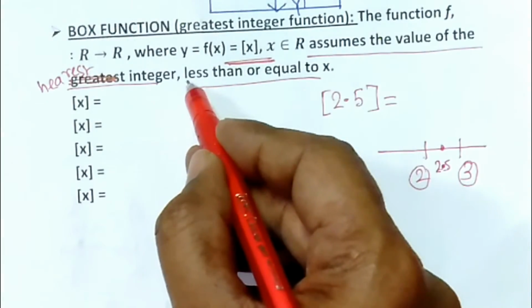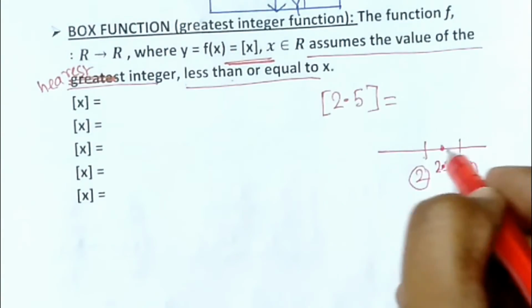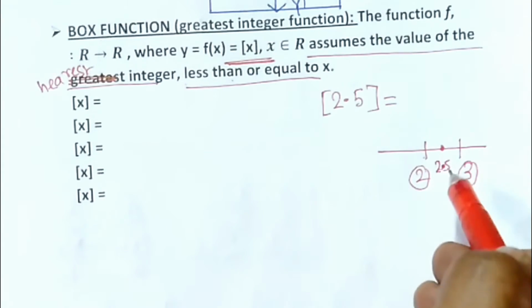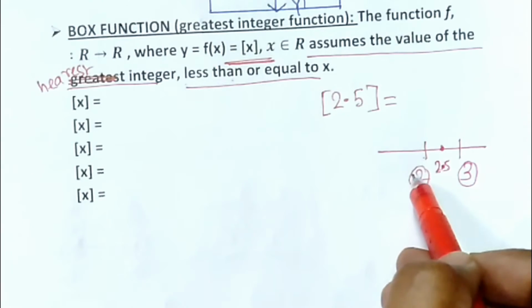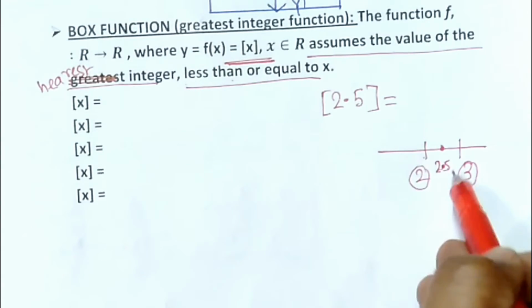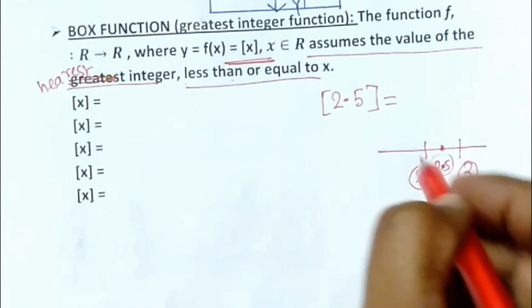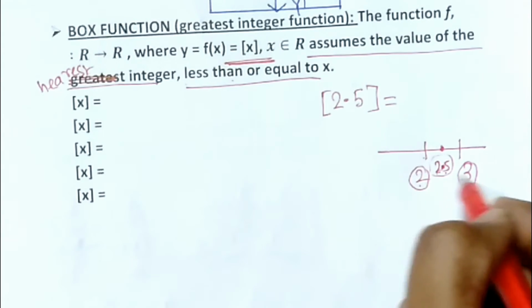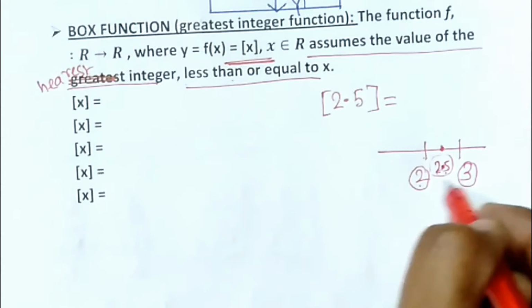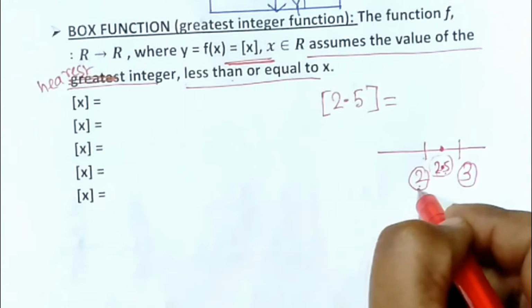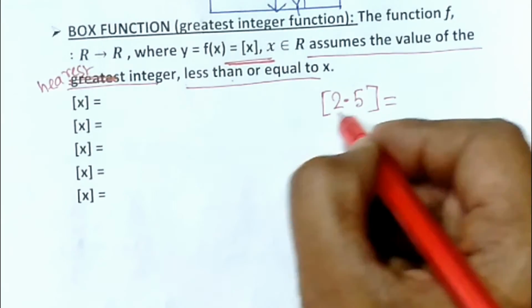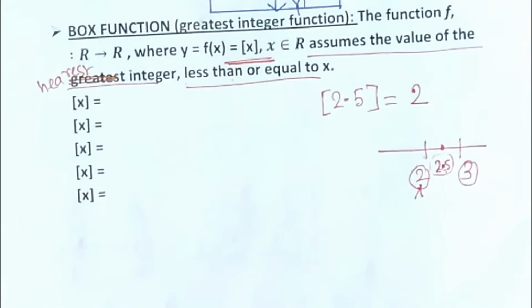It is given that it is less than or equal to x. That is, we have to take the nearest integer which is less than the given value. So for 2.5 there are two nearest integers, 2 and 3, and among them 2 is the smaller one. So for box 2.5 the value will be 2 only.